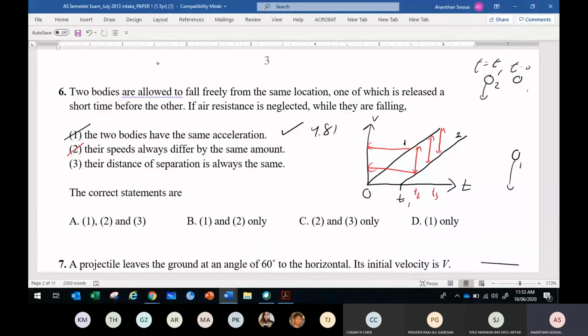Okay, now the third one. Their distance of separation, is it always the same? Okay, the third one, is it correct? Okay, I go for the third one.